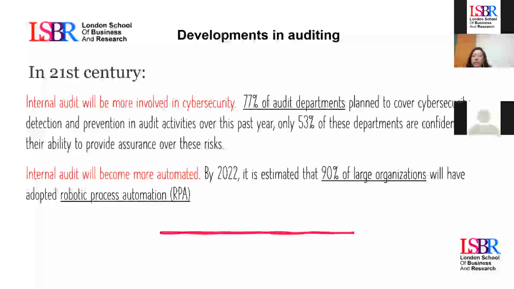So 90% of the large organizations will have adopted robotic process automation. This is an important fact that we are going to discover next year. Let's see if this percentage will be true or not, but I think that it will be true, because now the companies look for being more efficient, and are looking to have less human errors. So this is another development in terms of auditing.